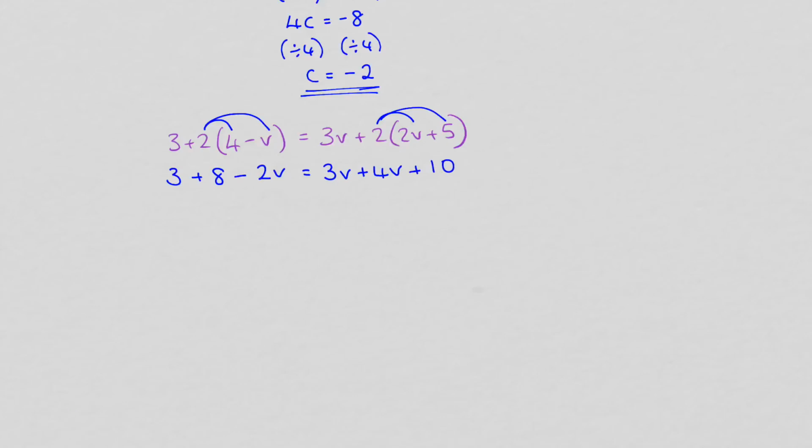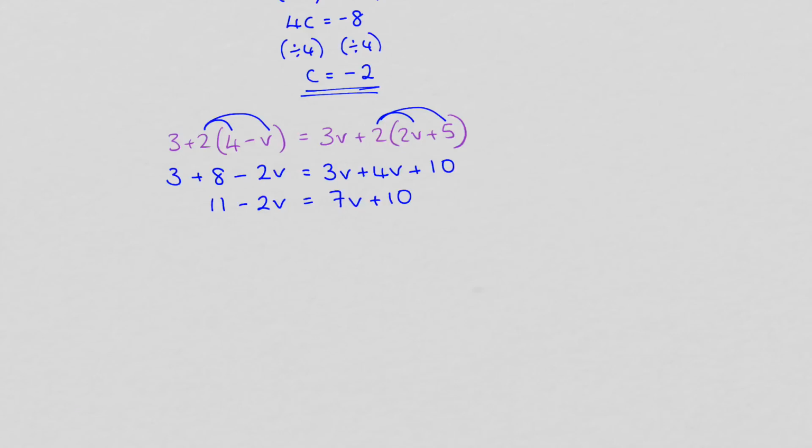So because we've got more terms than we need, we're going to have to simplify by collecting like terms before we start our balancing. If you try and start balancing with this, you're going to get in a bit of a muddle. Okay, so we've got 3 add 8 is 11 on the left-hand side. Take away 2v. And on the right, we've got 3v add 4v, so that's 7v plus 10.